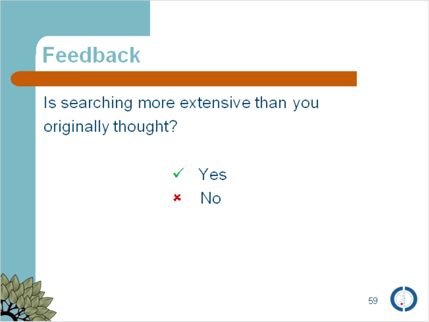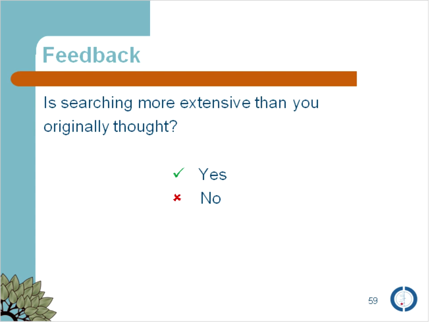So if I was to ask you, was searching more extensive than you originally thought? Let me know. For some of you who are a little bit more versed in systematic review methods, maybe I'll just ask you to decline from answering this. I'm more interested in people who don't have a sense of the process already, maybe just to find out whether or not this was helpful and broadened their scope of understanding.